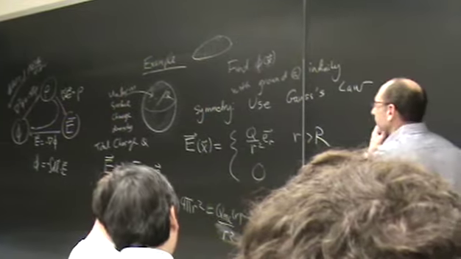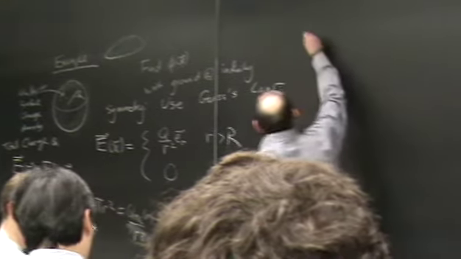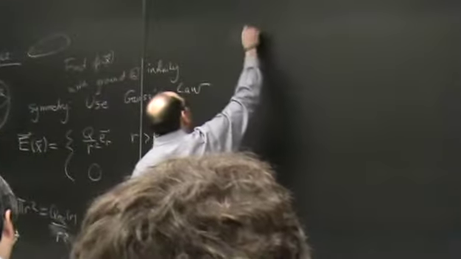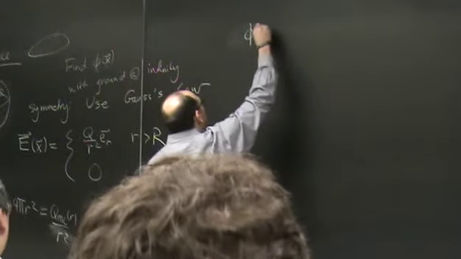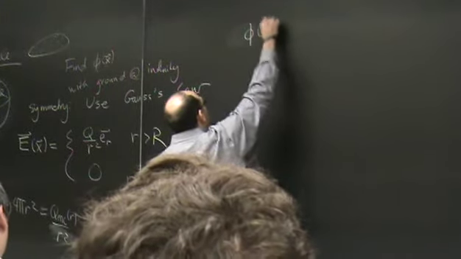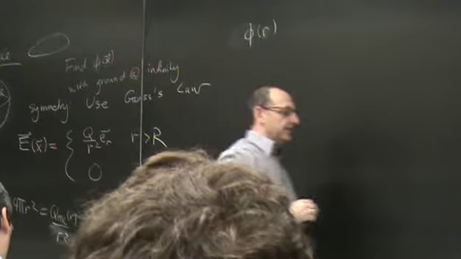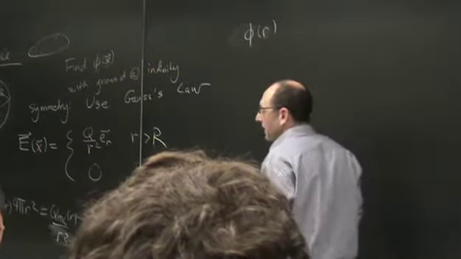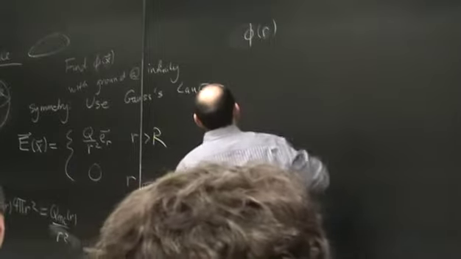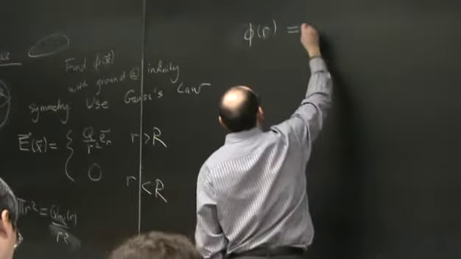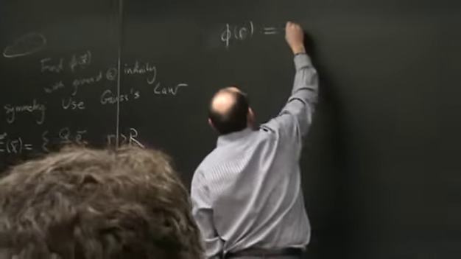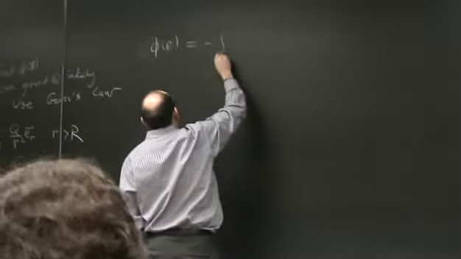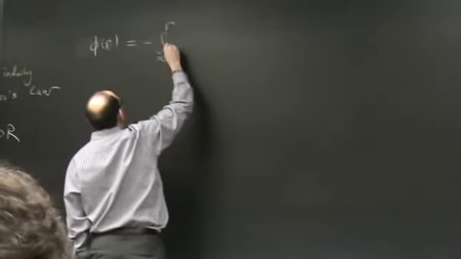So then the potential is also spherically symmetric. The equipotential surfaces are spheres, so it only depends on the radial distance, and that's the integral from ground, which is at r equals infinity, up to r.